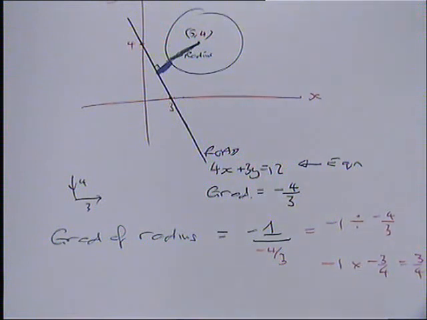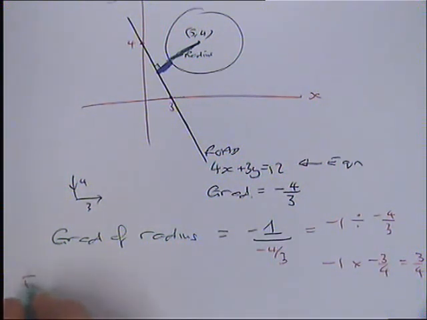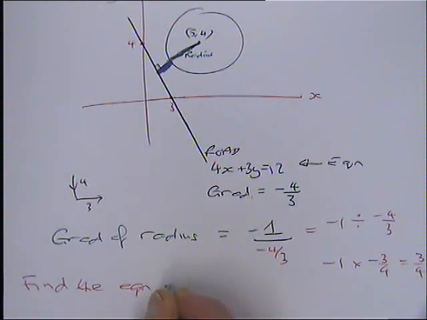Now I know the gradient of the radius. What could I find quite easily? Yeah, the equation of the line. If you know, then go and find the equation of the radius, which will be y equals mx plus c.